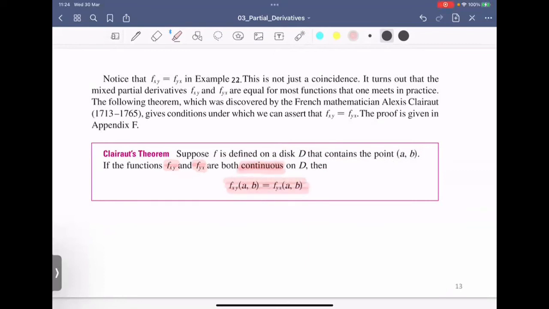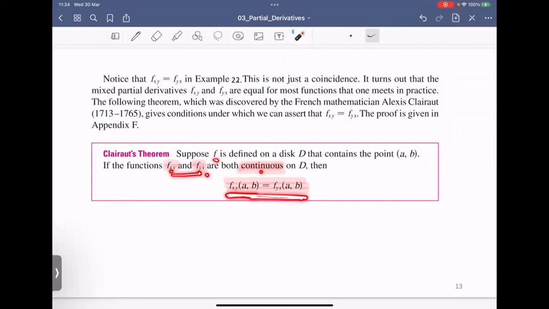This is a good result from Clairaut theorem because it tells everyone that if you have computed fxy already, and your function is good enough, meaning the second order derivatives that you compute are actually continuous, they are going to be equal to each other.